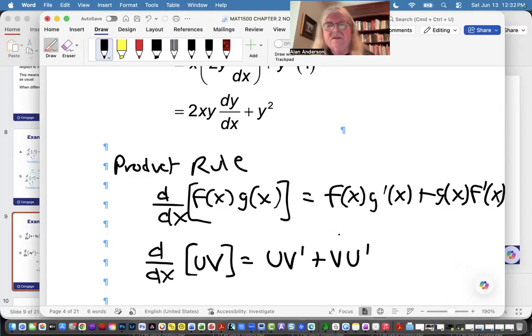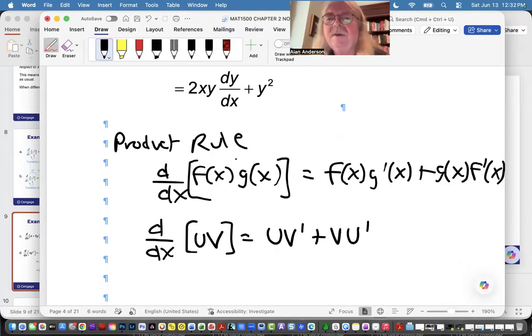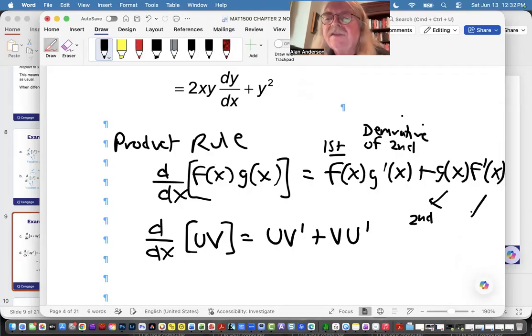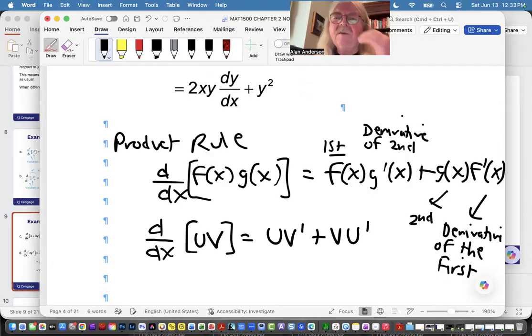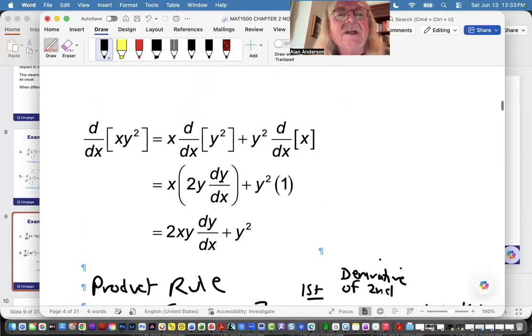Anyway, sometimes the book uses one or the other. So the bottom line is that the way to remember it, no matter what the notation is, you've got the first function, and then you multiply that by the derivative of the second, and then you've got the second function and the derivative of the first. And that never changes. And so if you're thinking about it that way, you'll avoid getting confused by the notation. That's my opinion. Okay, so here we go.